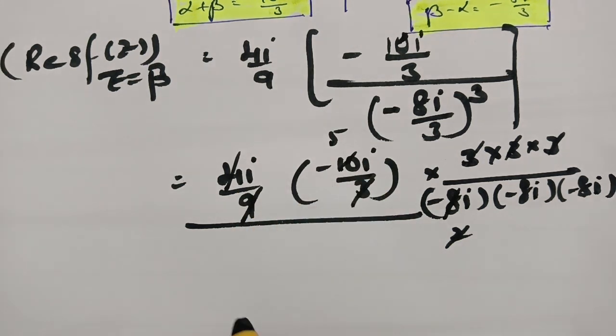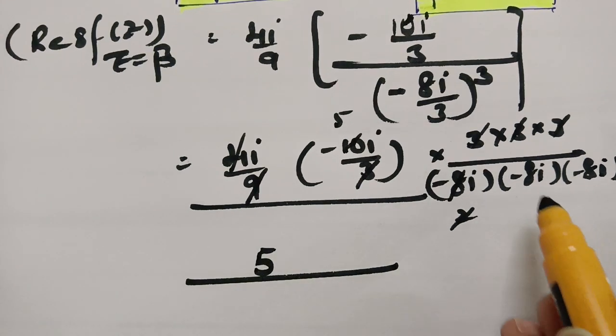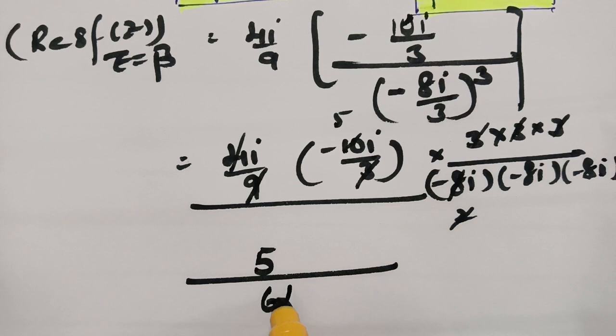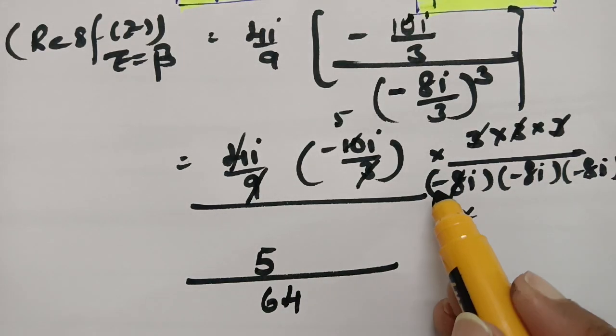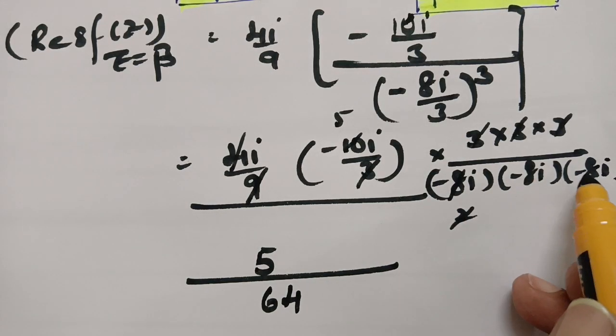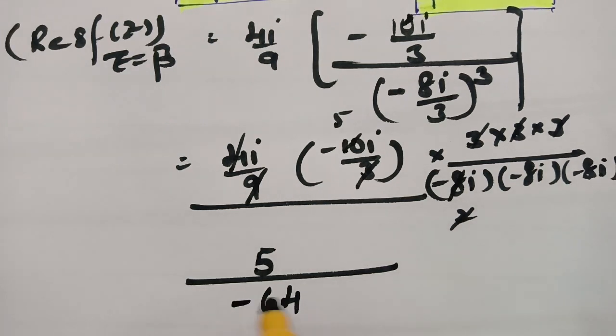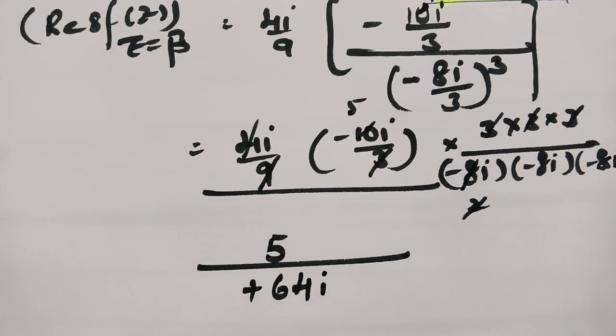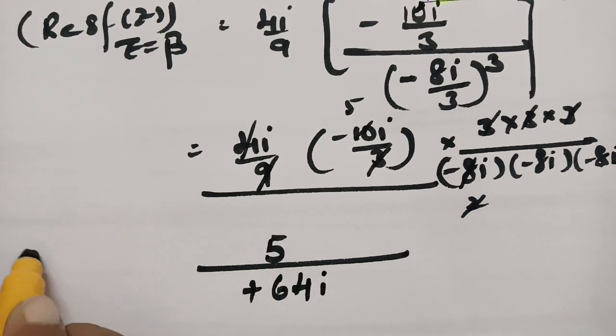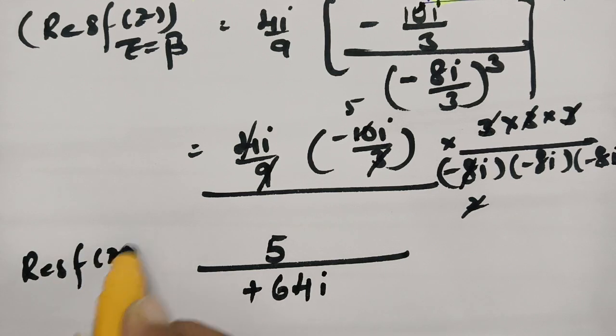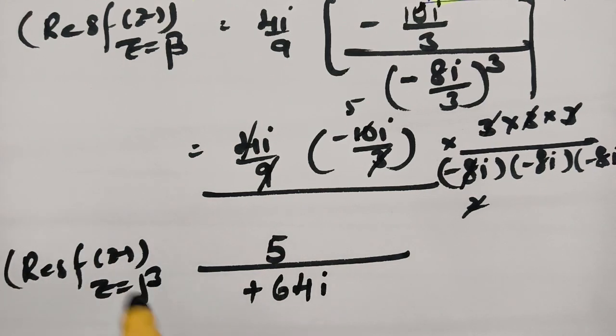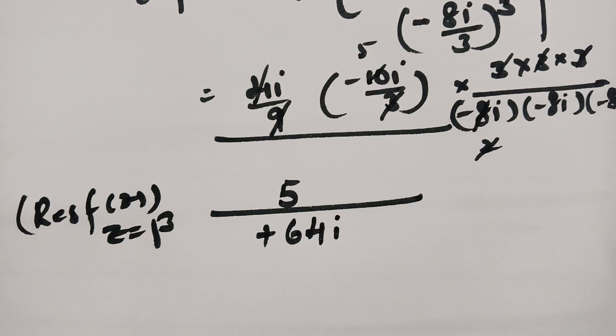So this is minus 1 plus, and this value remains 5 by, 8 eights are 64, and this is minus into minus, plus, and this is again minus, and the i square value is minus 1, and this value is i here. Clear? So these are the values that remain for the residue of f of z at z equal to beta. Now which one are we going to apply? We are going to apply the residue theorem.